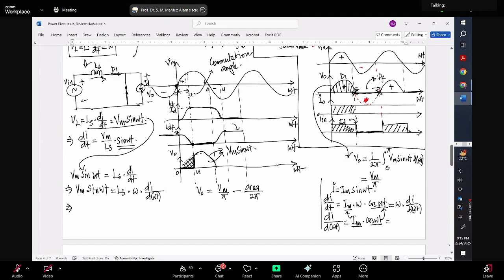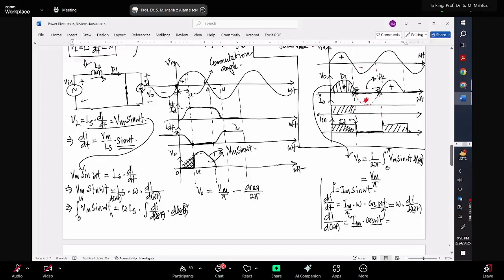So this we can write as omega multiplied by di over d omega t. Now if I take the integration on both sides, Vm sin omega t changes from 0 to u, during the commutation time. Then it equals omega Ls times the integration of di over d omega t, and you multiply by d of omega t, so it cancels out.